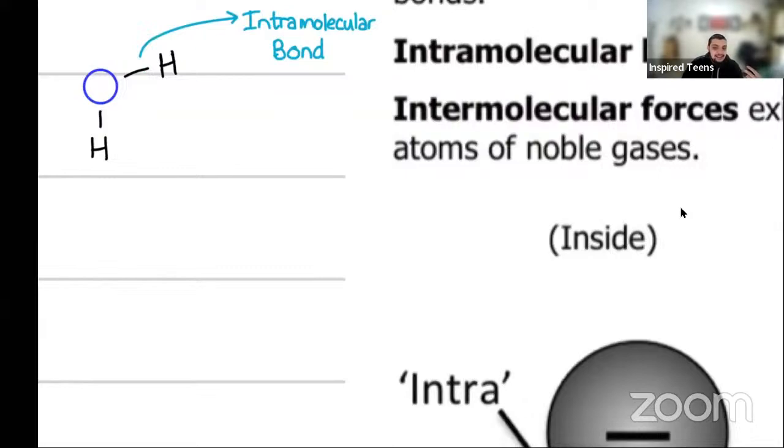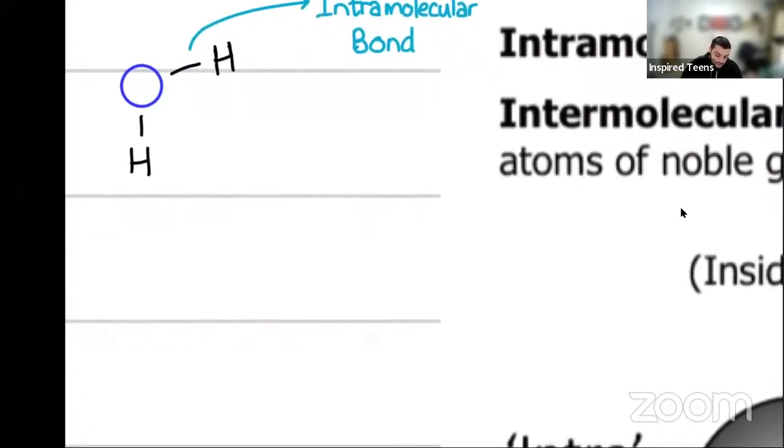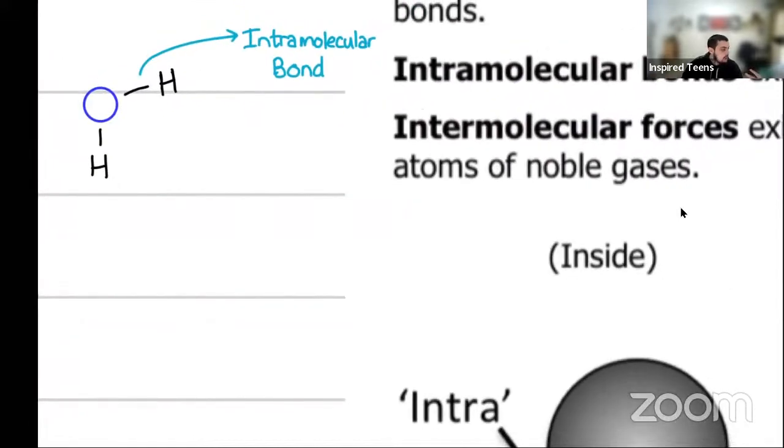So what is an intermolecular force? If you consider a glass or a bottle of water, there's not just one single H2O molecule that makes an entire glass of water. There are billions of H2O molecules inside a glass of water, even in a droplet.